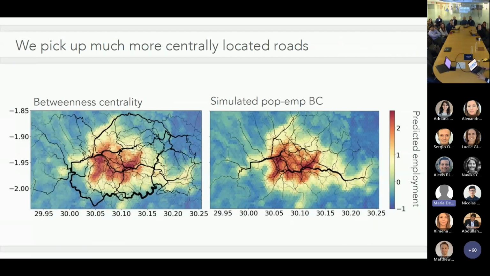So the next thing we do is we look at the conventional betweenness centrality metric, and we compare it to our simulation results. And right off the bat, we can see that the two results are very different.